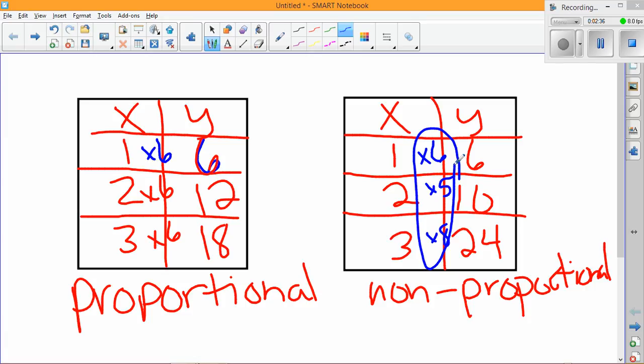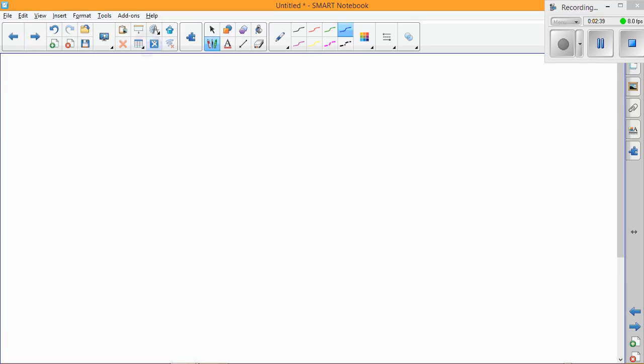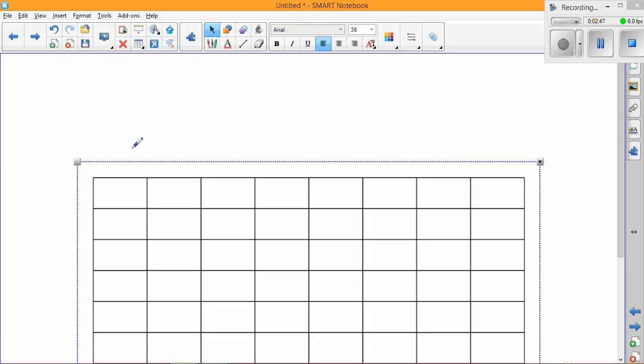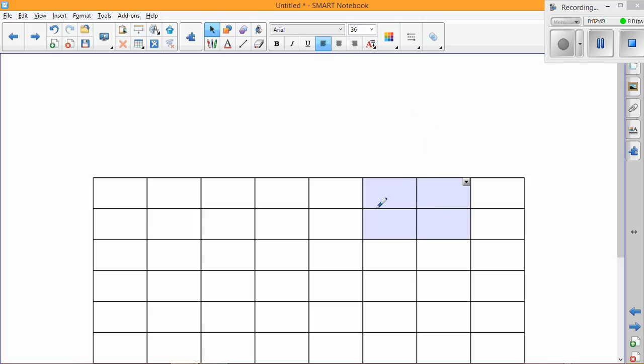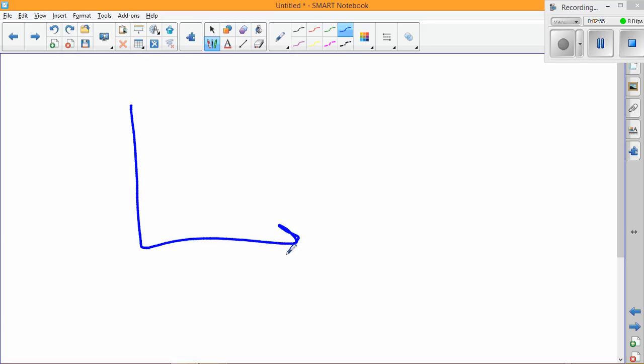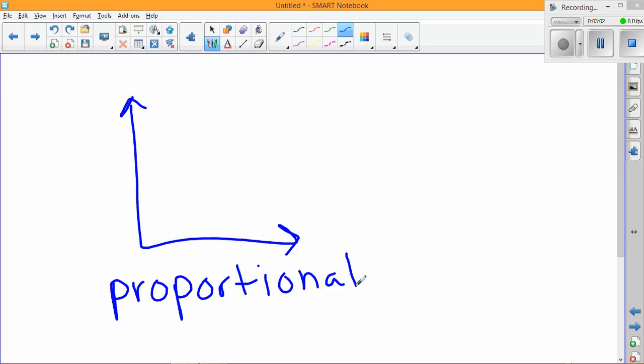And when we graph these, I'm just going to sketch a graph for you. When we graph proportional relationships, it will always be a straight line that starts at the origin, at point 0, 0.